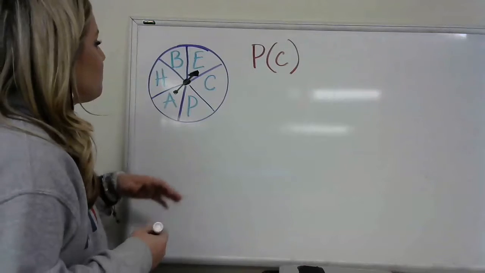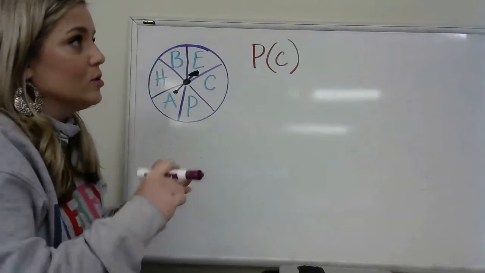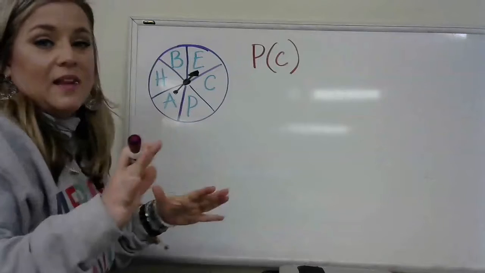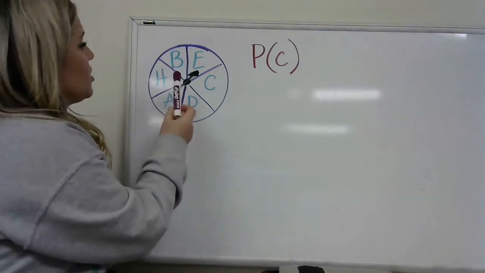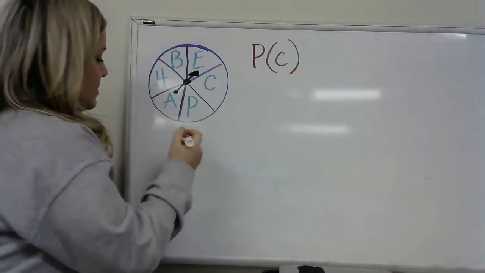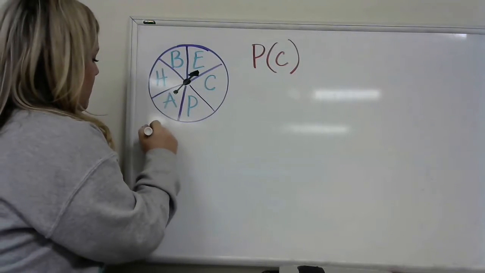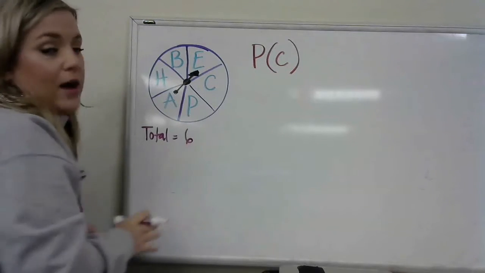All right, so the first thing you need to do with a deck of cards, marbles, spinners, anything, is figure out the total number of possibilities. So if I look at this, my total number is 1, 2, 3, 4, 5, 6. So I'm just going to put underneath this total 6. I have 6 chances, okay?